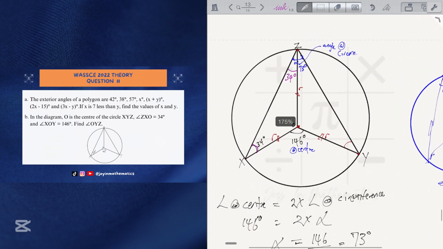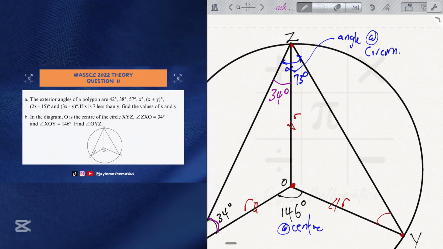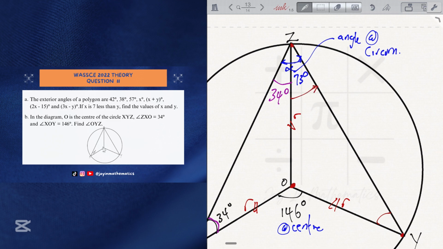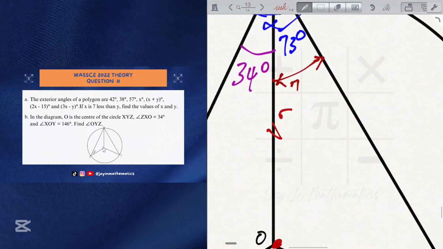Now, once that is equal, and we understand that this angle here is 73 degrees, the remaining angle at this point will be 73 degrees minus 34 degrees. So 73 degrees minus 34 degrees, and this would give us 39 degrees.